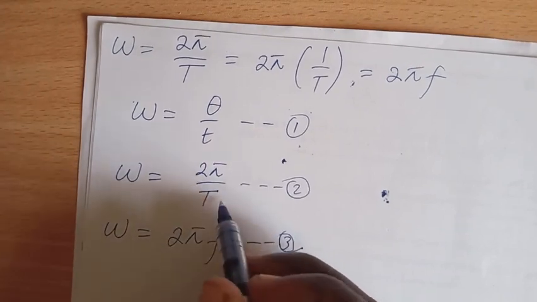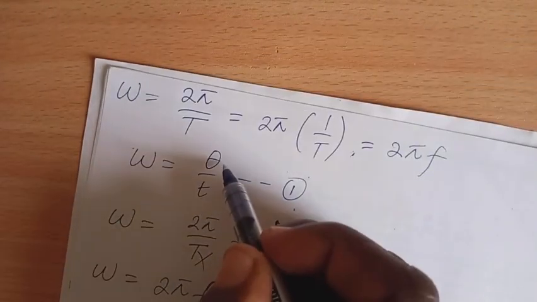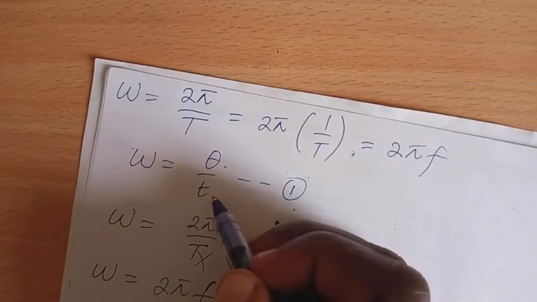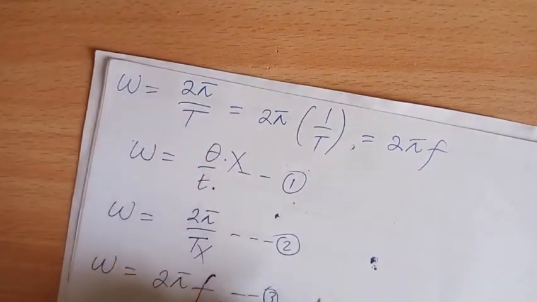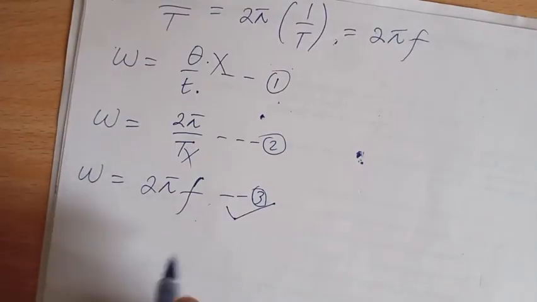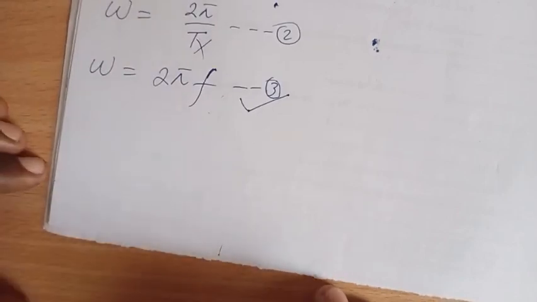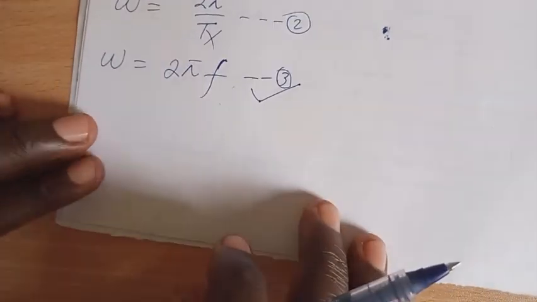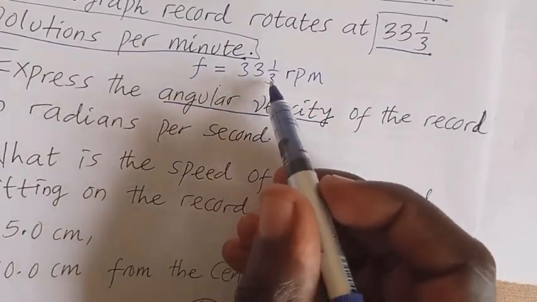I'm not given the period, so I will not use that one. I'm not given the angle formed at the center and the time taken to form the angle, so I will not use equation 1 either. I will now resort to equation number 3. But my frequency here is not in the SI unit.